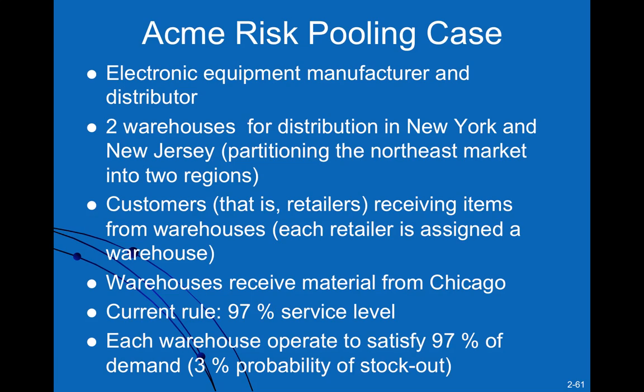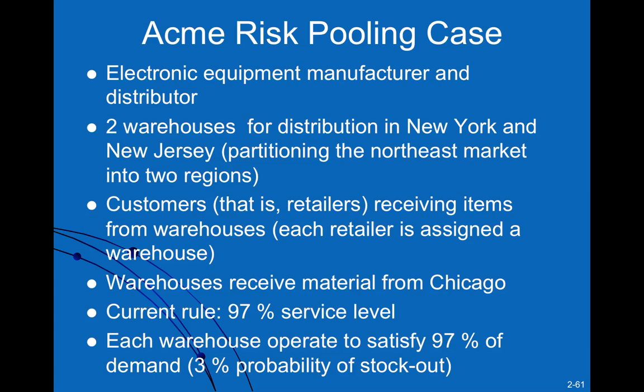So let's take a look at a case that will demonstrate the benefit of risk pooling by bringing together the demands or the forecasts from multiple locations and aggregating them into a centralized distribution center. Consider a case where we have two warehouses for distribution, one in New York and one in New Jersey, and we've partitioned the market into two regions.